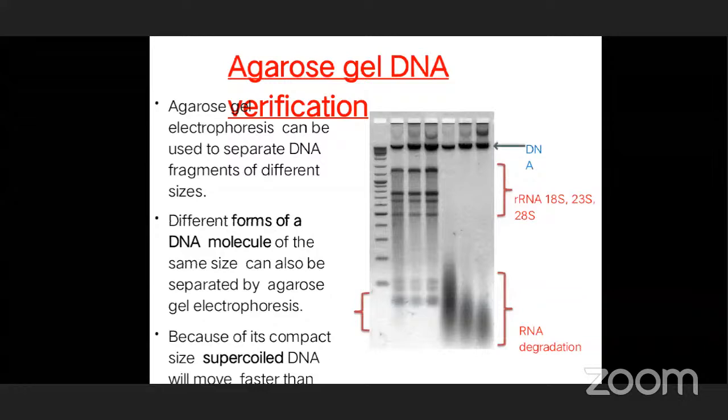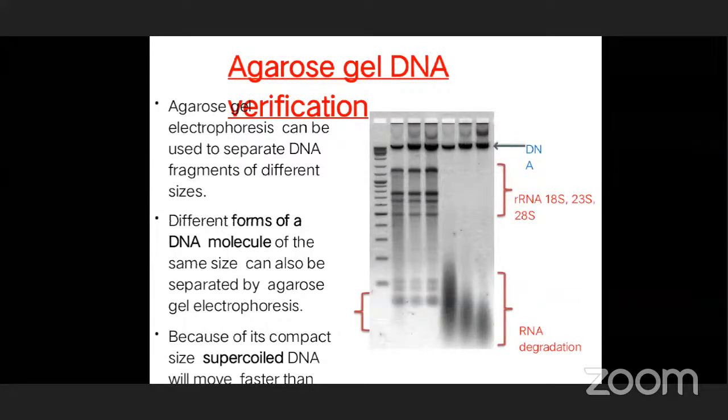See this slide. At the upper side, the application point is there. This is the application point. After migration on this agarose, the DNA is separated. First, migration is slower for the DNA due to its larger size. DNA is bigger than RNA. Then after that, we will see the ribosomal RNA.